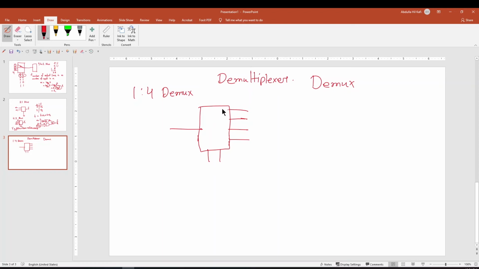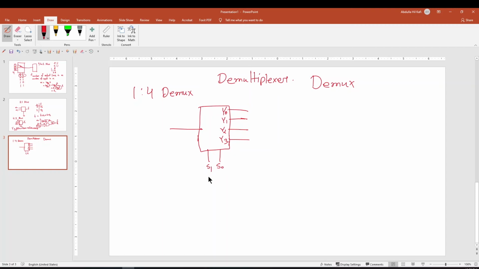So if we make it like this, the outputs are y0, y1, y2, y3. The equation is the same for selecting the pin; it depends on the output. So we have two selection pins, S0, S1.